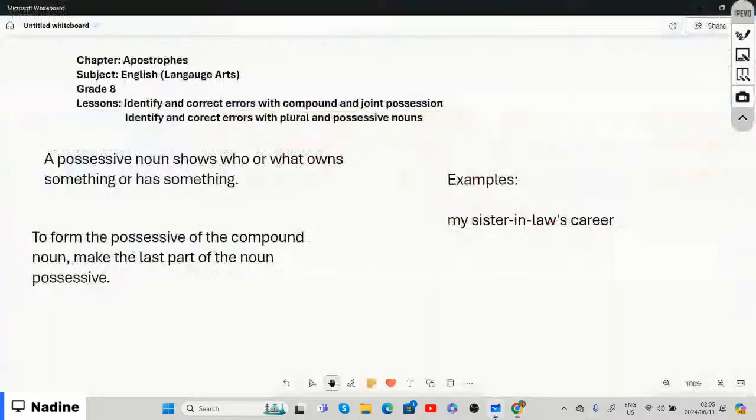All right, so our chapter is apostrophes. Our subject is English Language Arts, grade 8.